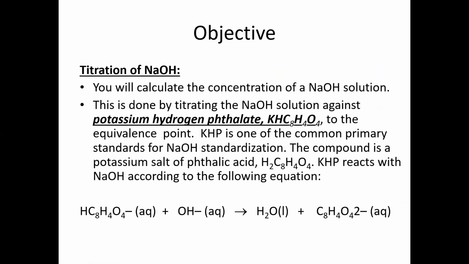In this experiment, you will calculate the concentration of the sodium hydroxide through the other chemical. It's potassium hydrogen phthalate, or we can call that KHP. It's one of the common primary standards for sodium hydroxide standardization. And the chemical reaction is this one.